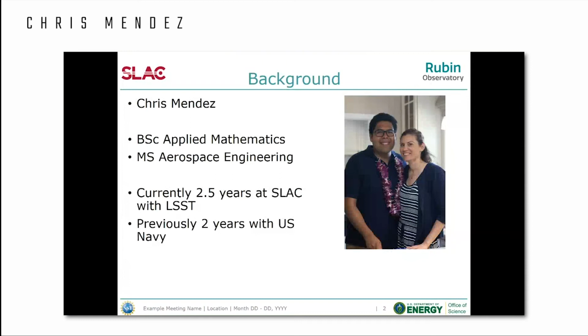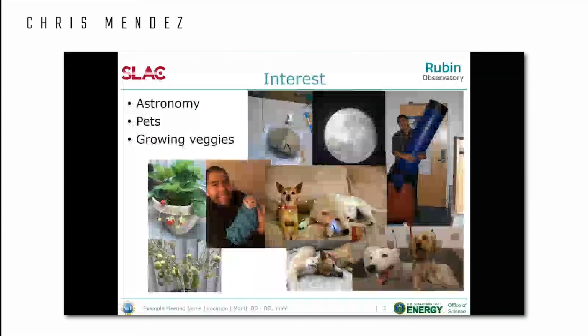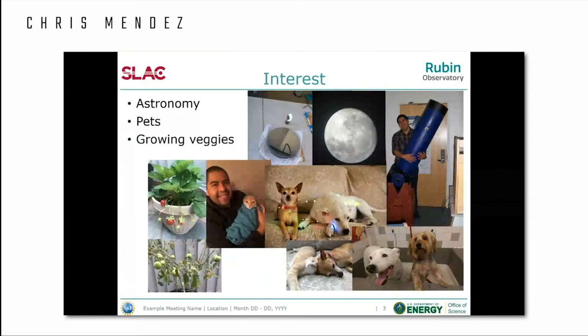Okay, so now off to my interests. Three interests here are astronomy, my pets, and gardening. When I was in college, I joined an astronomy club, and I put together this telescope that you see on the top right photo. On the top left, you can see the primary and secondary mirrors that are in there.